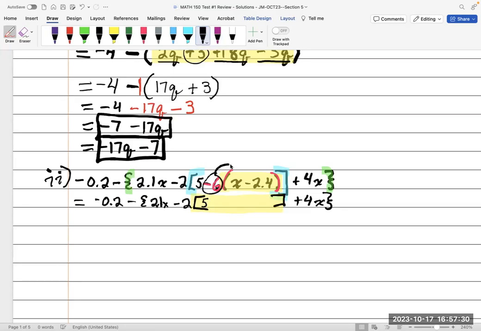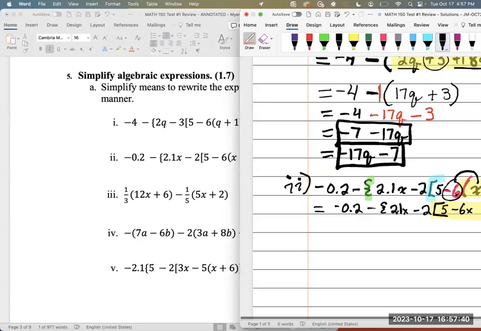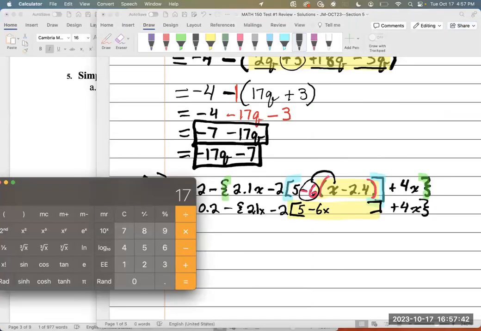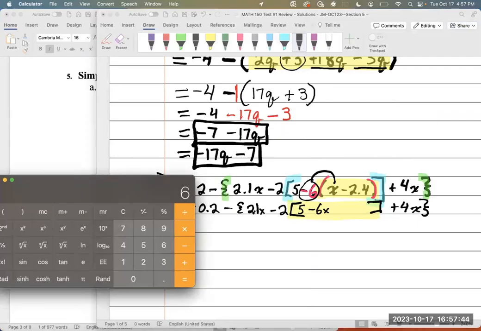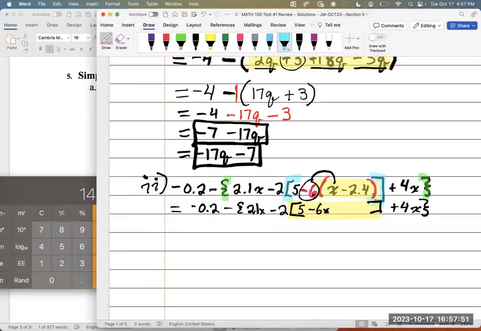Negative 6 times positive x. Negative 6 times negative 2.4. Six times 2.4 is 14.4. Negative times negative is positive. So I will have a positive 14.4 because this negative 6 times this negative 2.4.